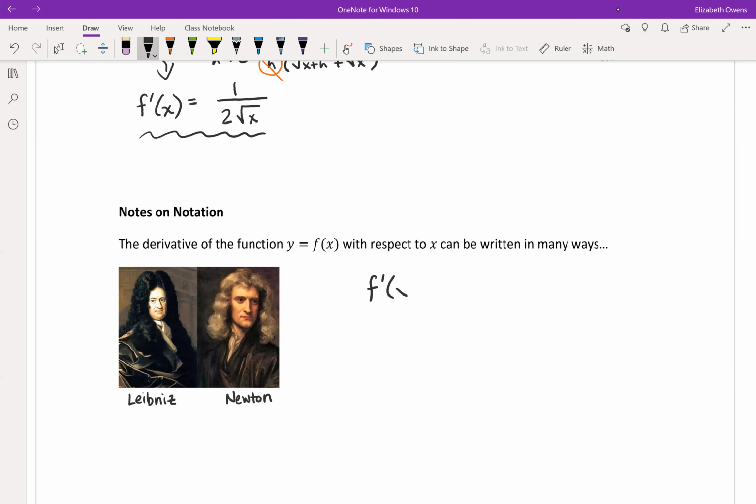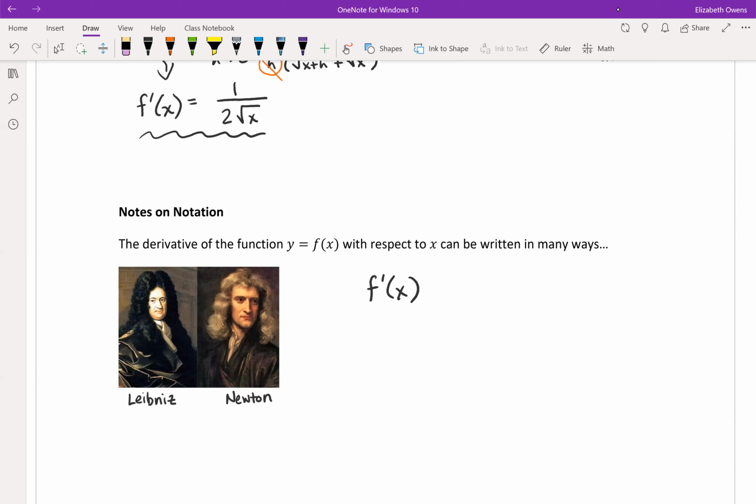So we've got these different notations for the derivative, and you've already seen one of them. This f prime of x, that refers to the derivative. With respect to x is just saying what is the independent variable here that we're doing things with respect to, what's the variable that's going to be up in the derivative function, that type of thing. So we've got f prime of x.